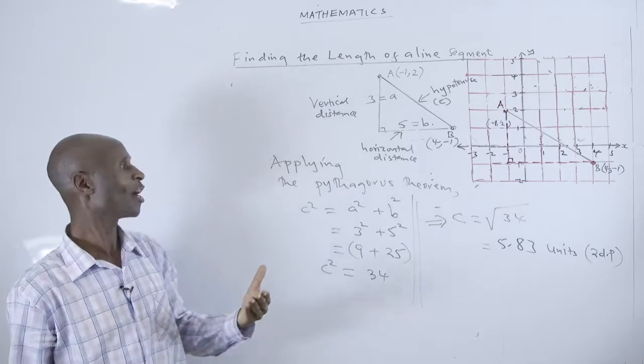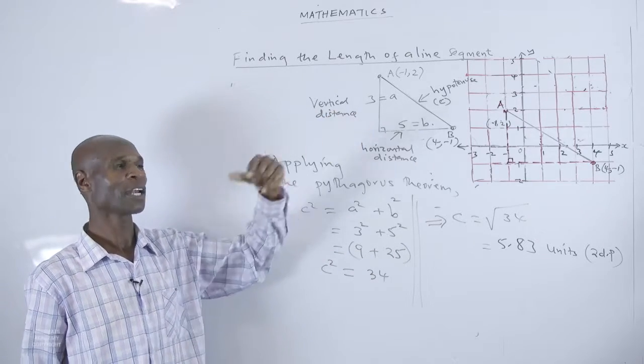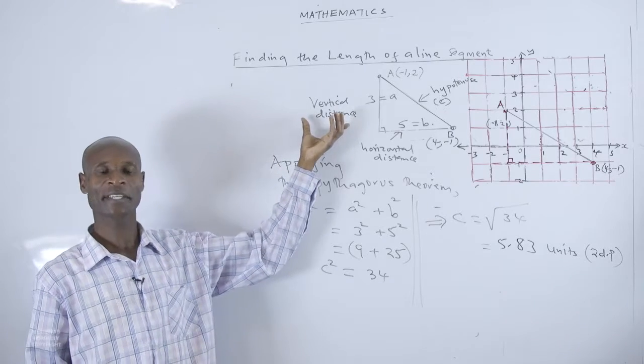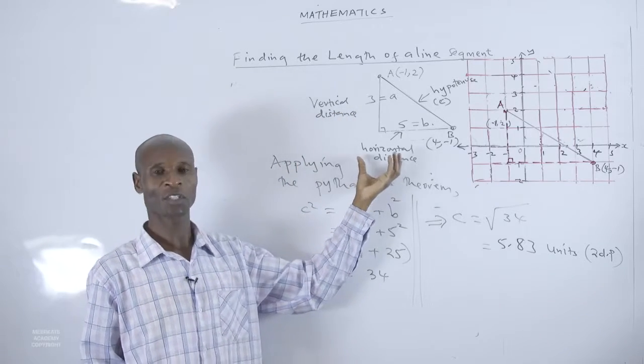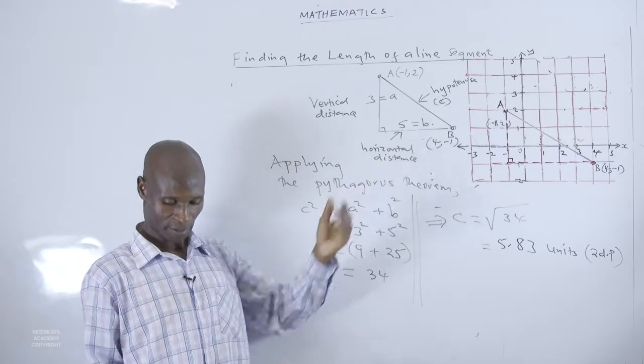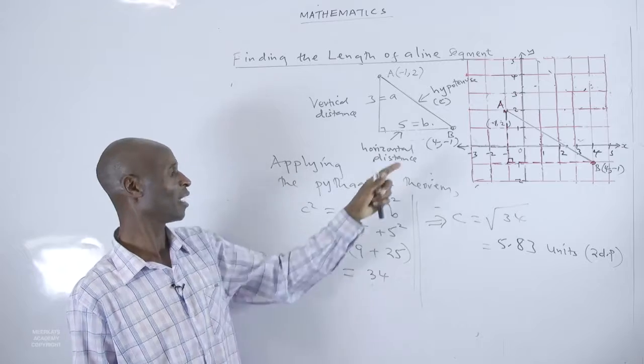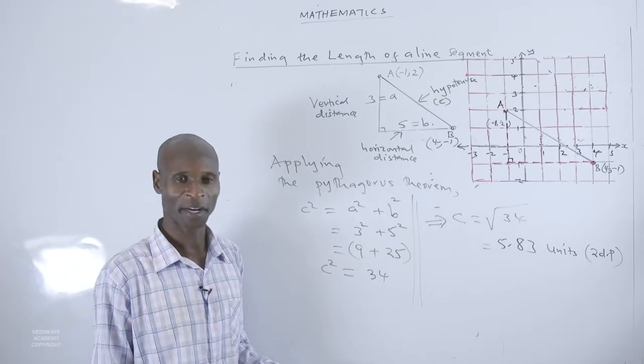But suppose you want just to do calculation without necessarily using the graph. How do we get the vertical distance and how do we get the horizontal distance? This is how we can get the vertical and horizontal distance without necessarily drawing the graph.